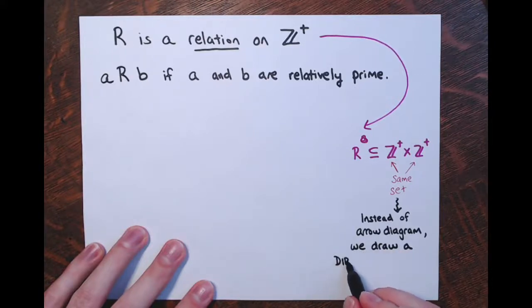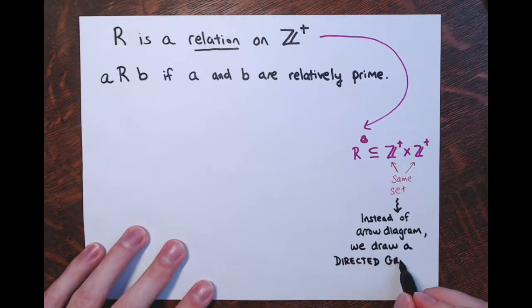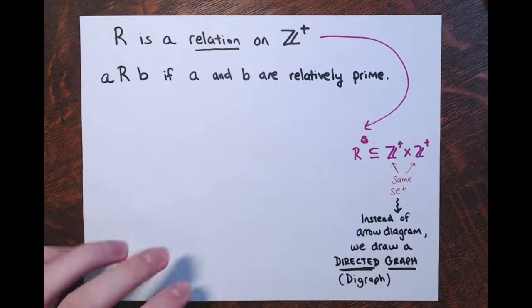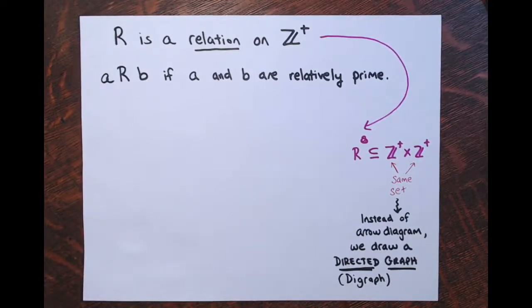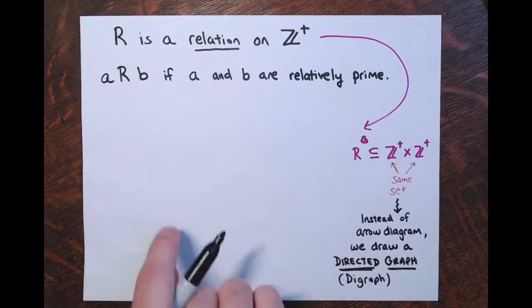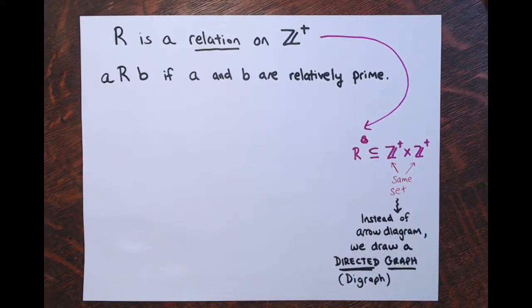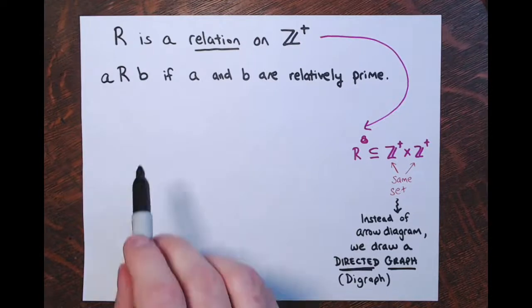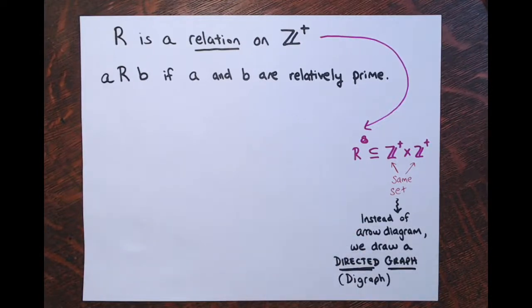And we'll learn a lot more about these in later sections in this chapter. A directed graph. A shorter way of saying this is digraph. Because these are the same set, it would be kind of redundant to copy the same set twice.